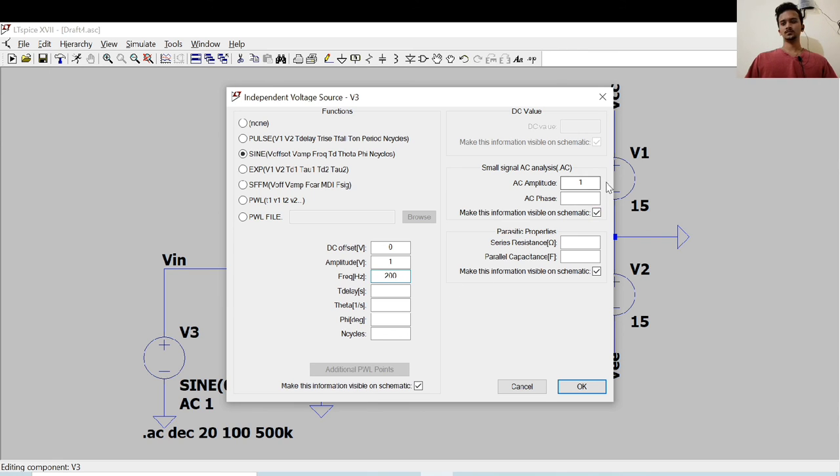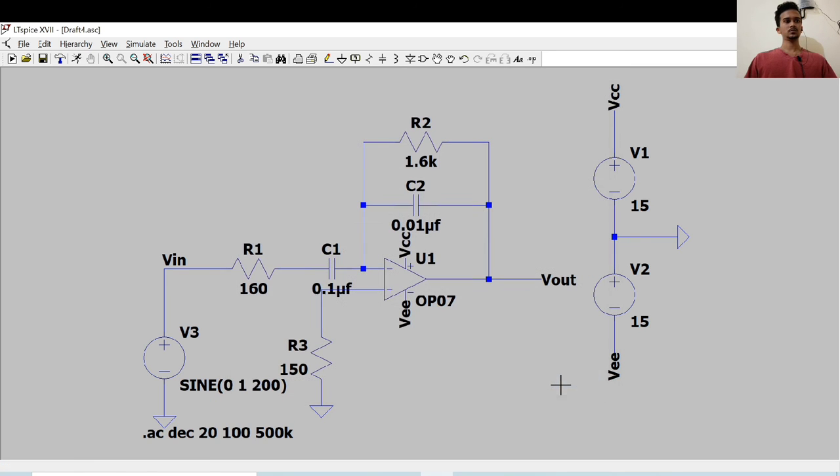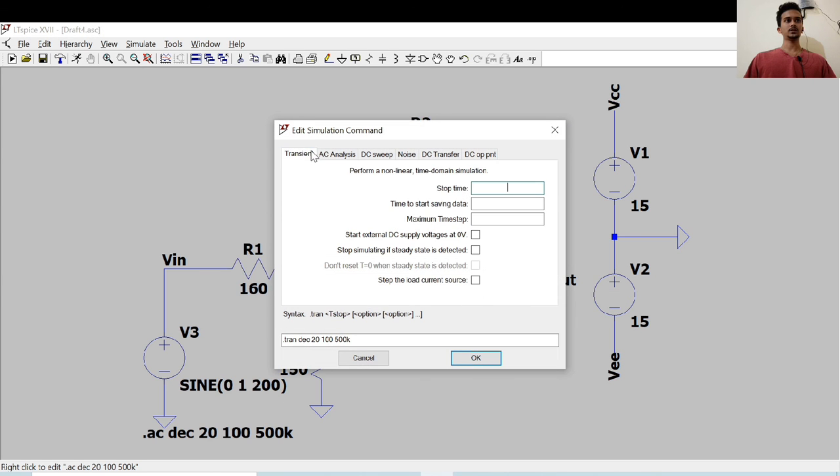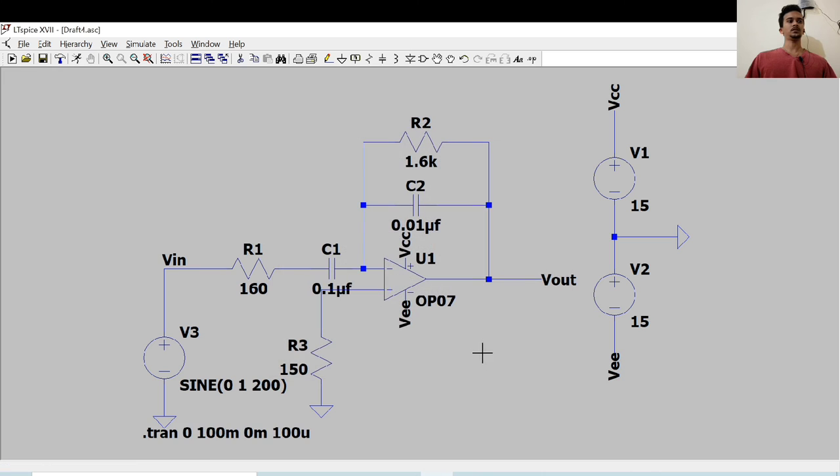Okay, this will be okay. So now this will be our transient response. So I will stop at 100 millisecond, start at 0 millisecond, and I will give a step of 100 microseconds. So okay, so let's see now.